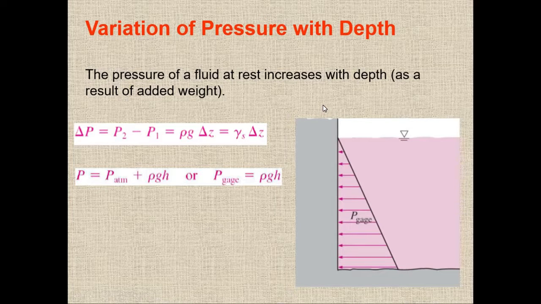In that case, we simply move P atmosphere from here and subtract it, so P minus P atmosphere equals rho g h. P is basically the absolute pressure, and absolute minus atmosphere is equal to gauge pressure. So this pressure is basically the gauge pressure, which is equal to rho g h. So rho g h is normally the gauge pressure.